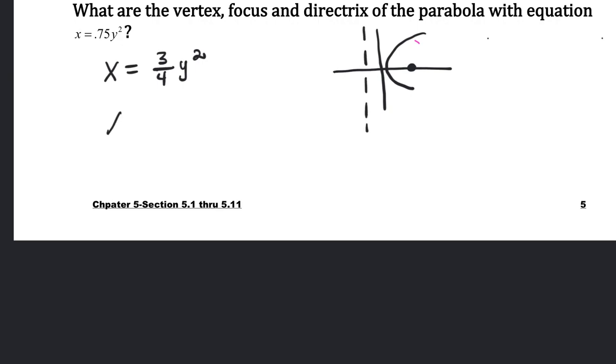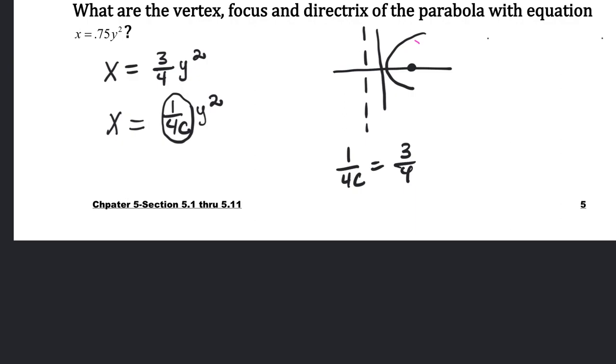I know the formula is x equals 1 over 4c times y squared. So I'm going to use the a value to come up with the directrix and the focus. The a value is 1 over 4c equals 3/4.